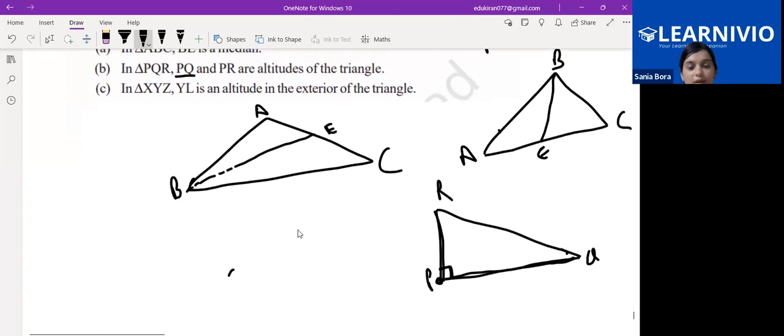Yes, ma'am. Okay. Now the next one, in triangle XYZ. You'll make a triangle like XYZ. It's very simple.